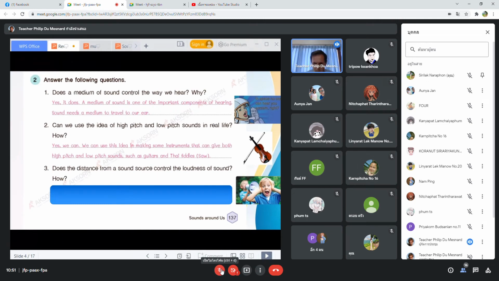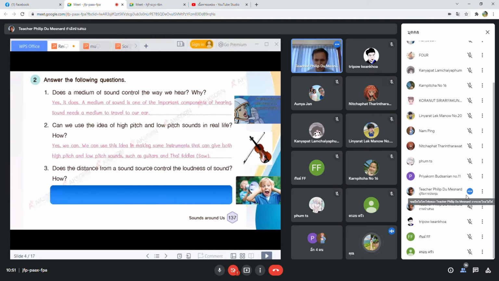Is that Chanel? No, I don't think so. Number 4. FF gun is 4. Okay, because there's another student that's also 4. So now I have 2 4s.